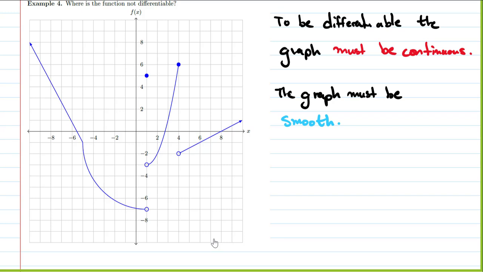So the point of interest that we want to look at right here is at x equals -5. So if I were to look at that point right there, well, to the left of -5, so -6, -7, well, what's my slope going to be? Well, I can just calculate my slope, right? Because it's a line.